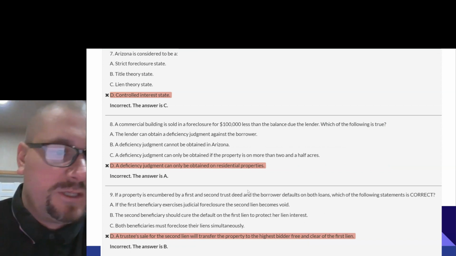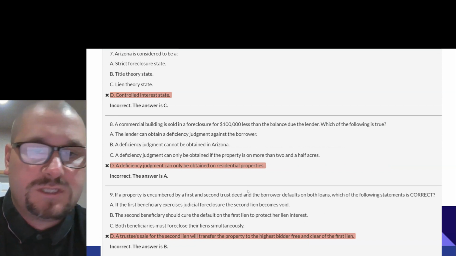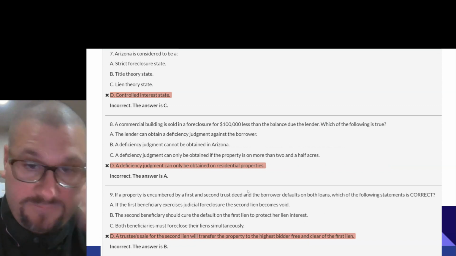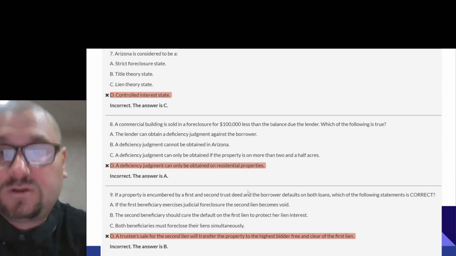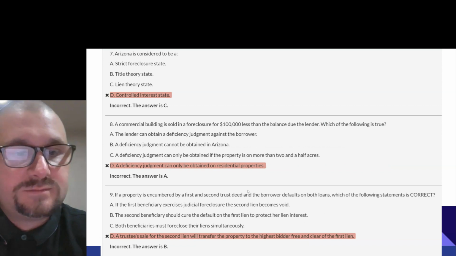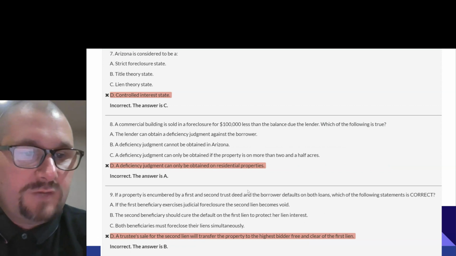If a property is encumbered by a first and second trust deed and the borrower defaults on both loans, which of the following statements is correct? This one's going to be Bravo.